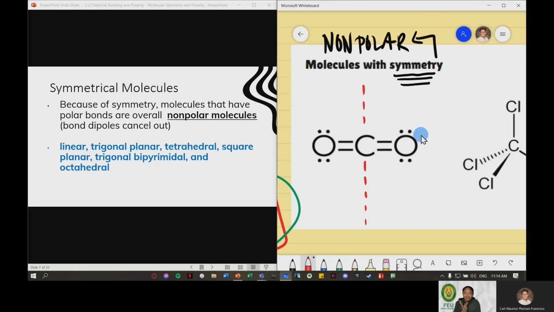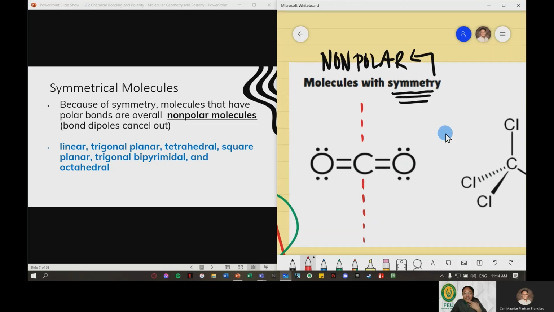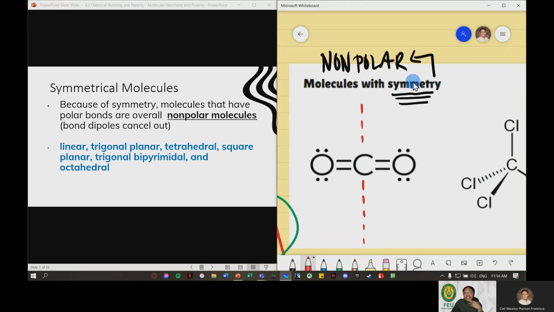Symmetric. Bakit symmetric? Pantay o magkaitsura, mirror image ang lumalabas. We can see a mirror image for your carbon dioxide should we do the symmetry line test. So in this case, carbon dioxide is a symmetrical and nonpolar molecule.